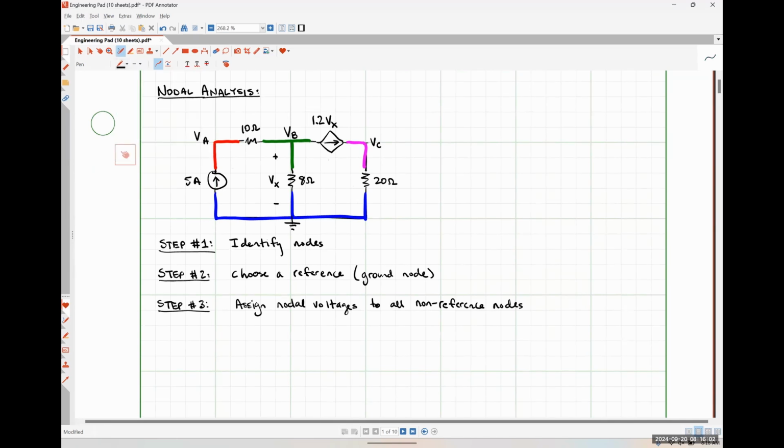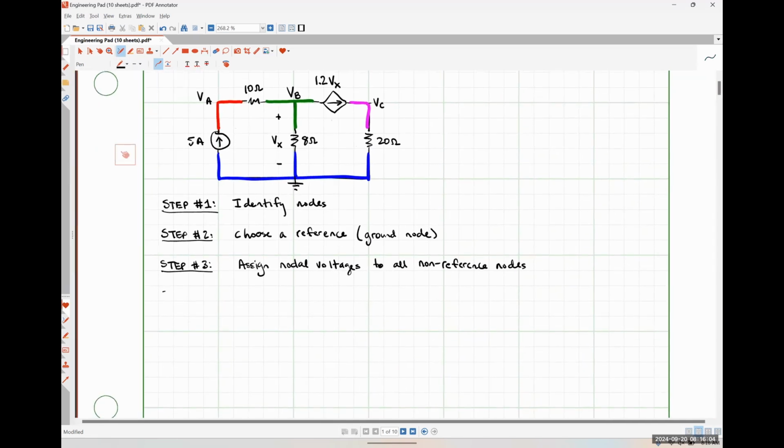So the first equation that I want us to write, and I'm going to call this step 4, we are going to express all controlling variables in terms of the nodal voltages.